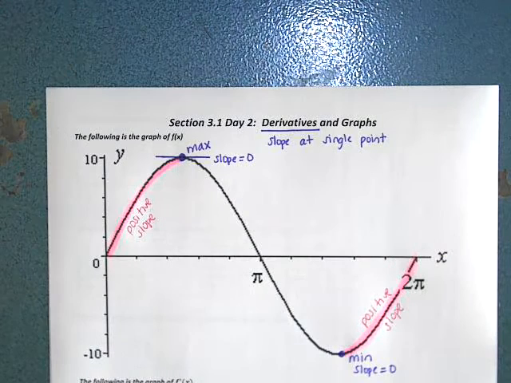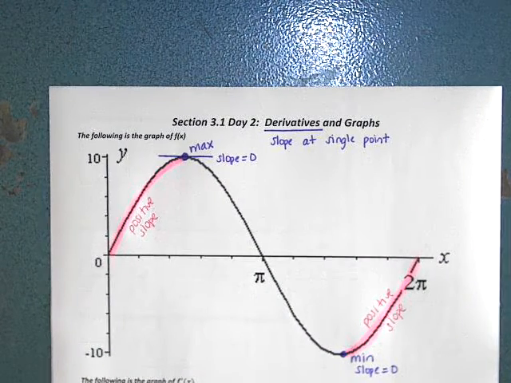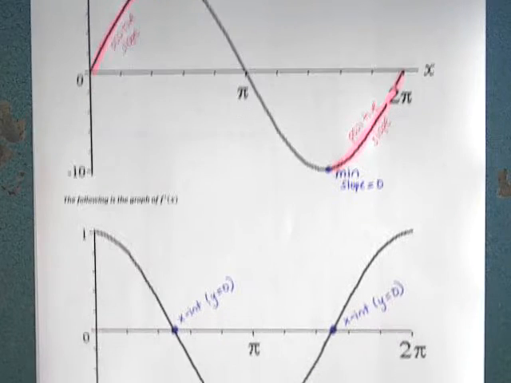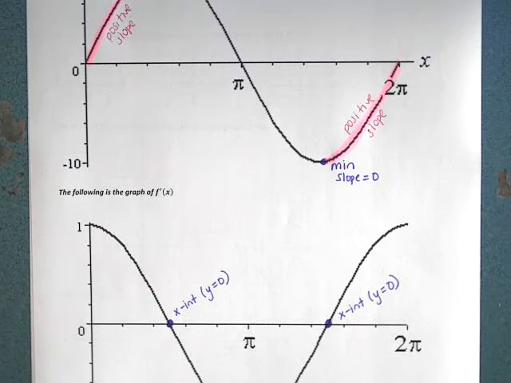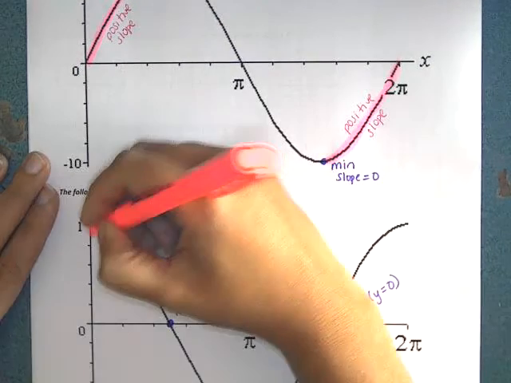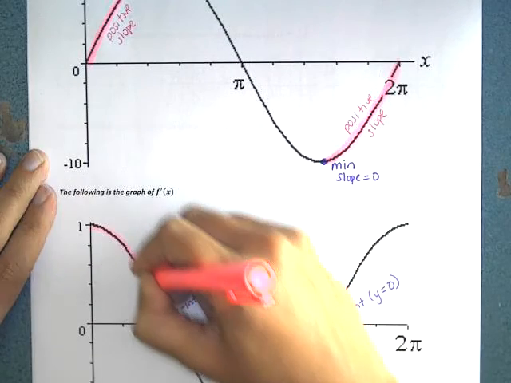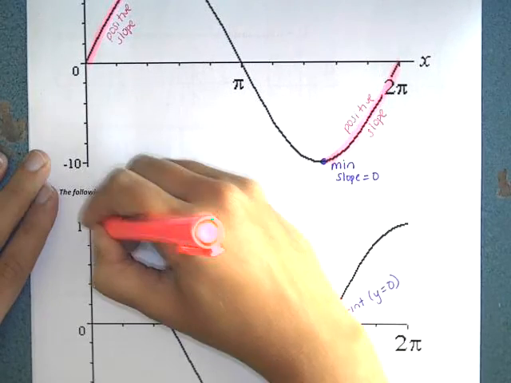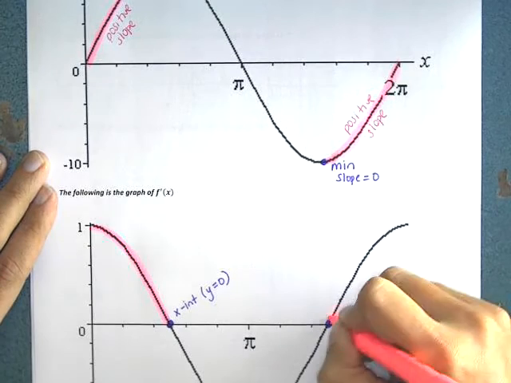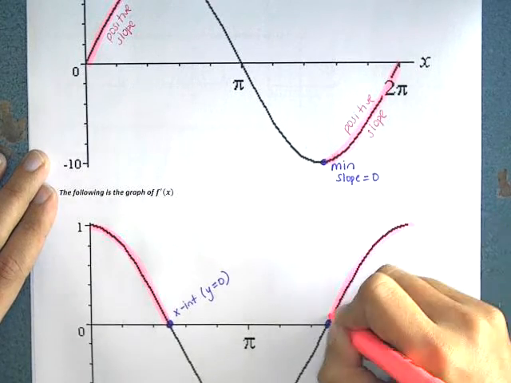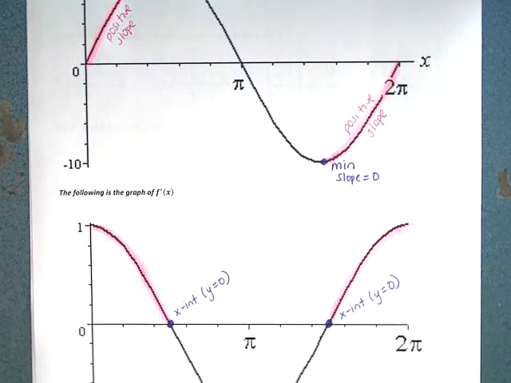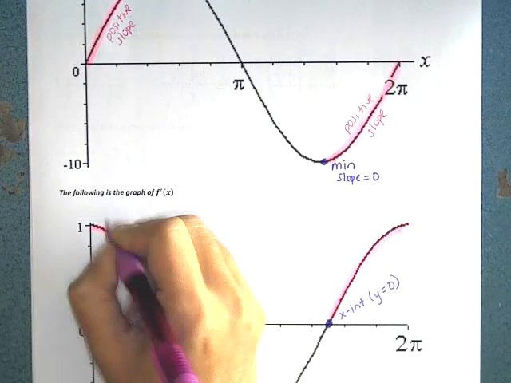Any sections of the original graph where the slope is positive are going to have positive y values on the graph of the derivative. So if you look at the derivative, do you notice that this first section of the graph and this end section of the graph are both above the x-axis?